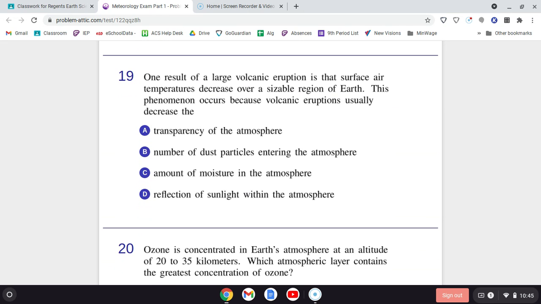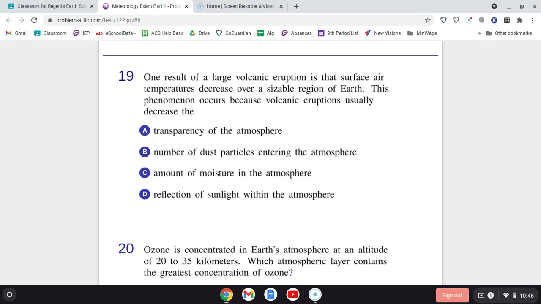Number 19. One result of a large volcanic eruption is that surface air temperatures decrease over a sizable region of Earth. This phenomenon occurs because volcanic eruptions usually decrease what? Is it the transparency of the atmosphere?